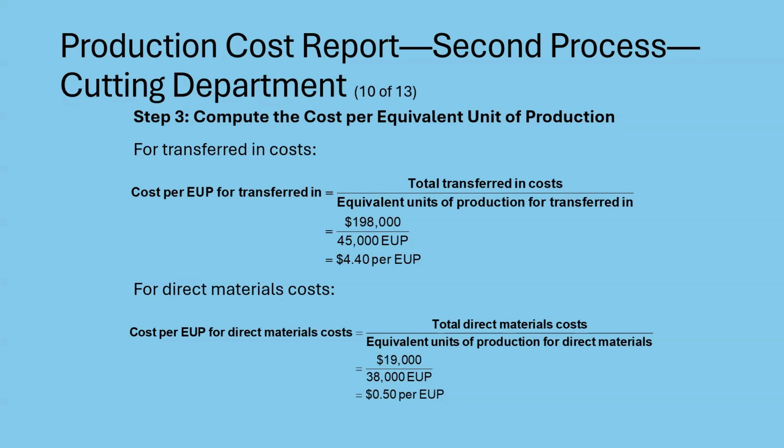For the direct materials cost, that is the total direct materials cost divided by the equivalent units of production for direct materials, which is $19,000 divided by 38,000 EUP, which is equivalent to 50 cents per EUP.